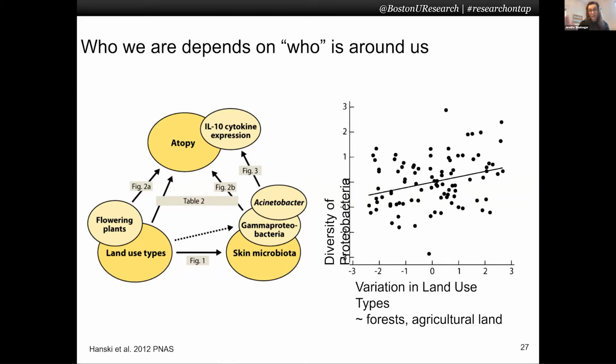And what you can see here on the right is that the diversity of microorganisms in this particular lineage, proteobacteria, that live on your skin is directly related to how close you live to forests and agricultural land. So this is the case for the skin microbiome. There's some evidence that it might also be the case for other types of microbial habitats in the human body.